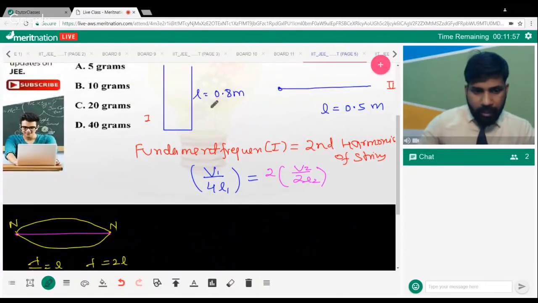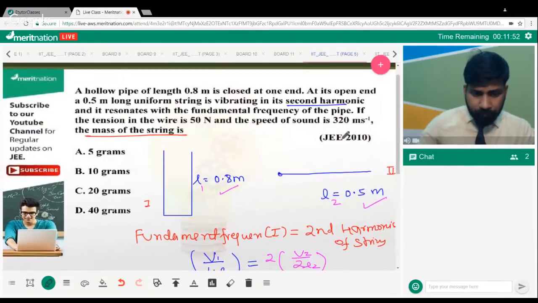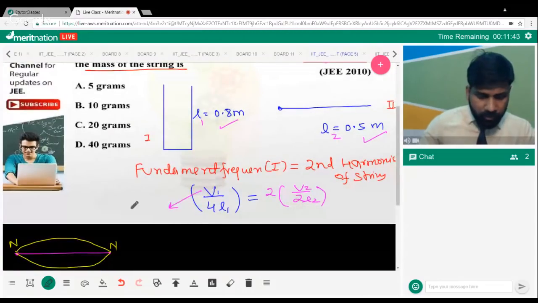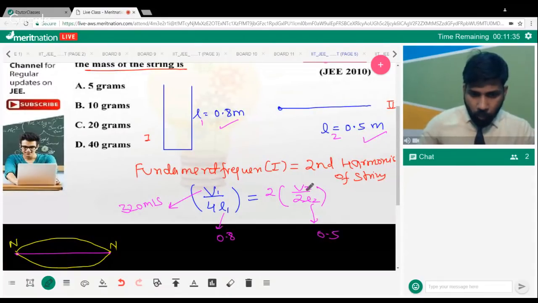Here L1 is given as 0.8 meter, L2 is given as 0.5 meter. V1 is the speed of sound, given here as 320 meter per second. What about V2?